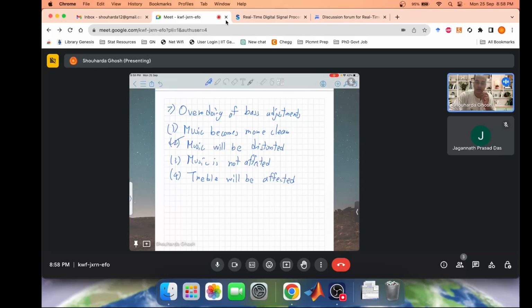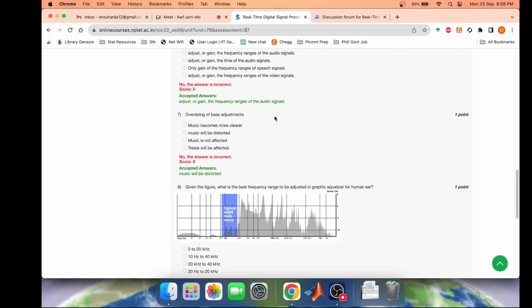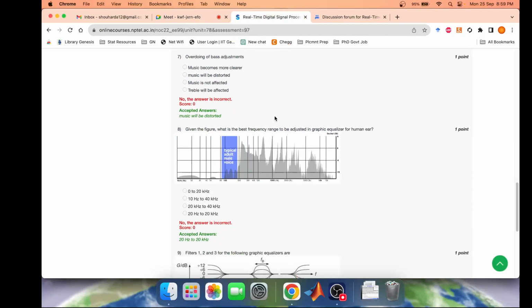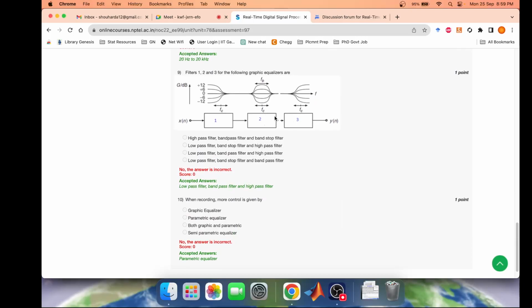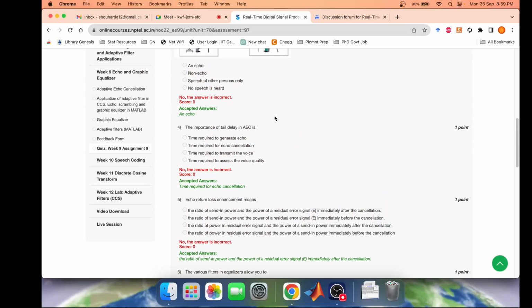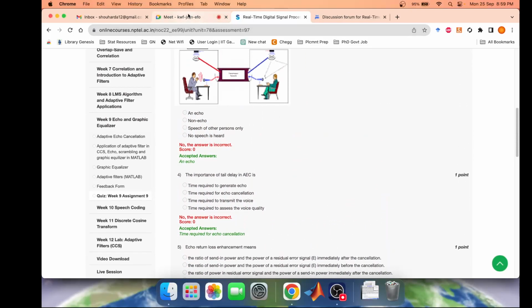So overdoing any of the settings will actually make things worse. Okay, so there they have given some diagrams as well. It's not much of it.